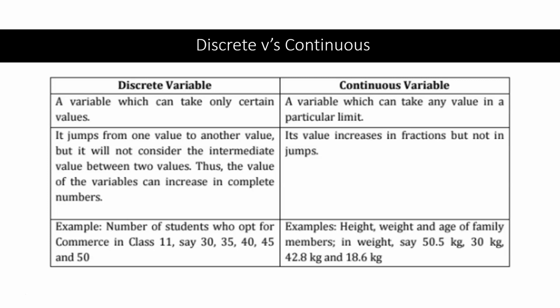Discrete jumps from one value to another, but it will not consider intermediate values between the 2. So it's like 1, 2, 3, but you couldn't have 1.5 or 1.75 or anything like that. It's actual values, not intermediates. Whereas continuous, you can have those intermediate values.